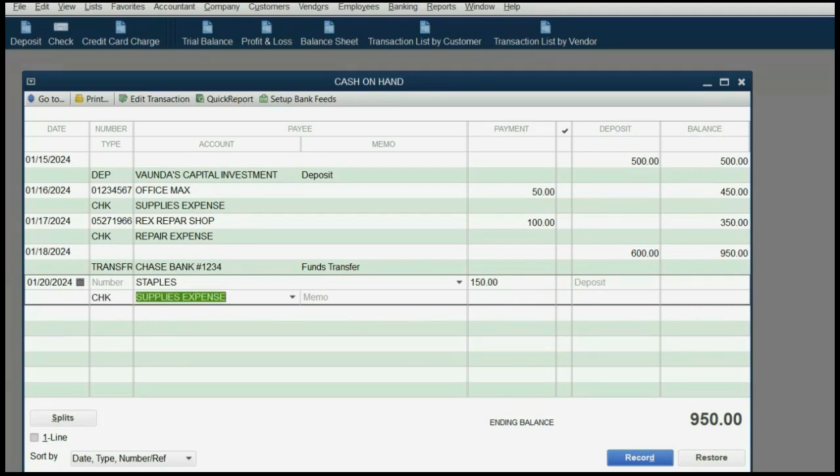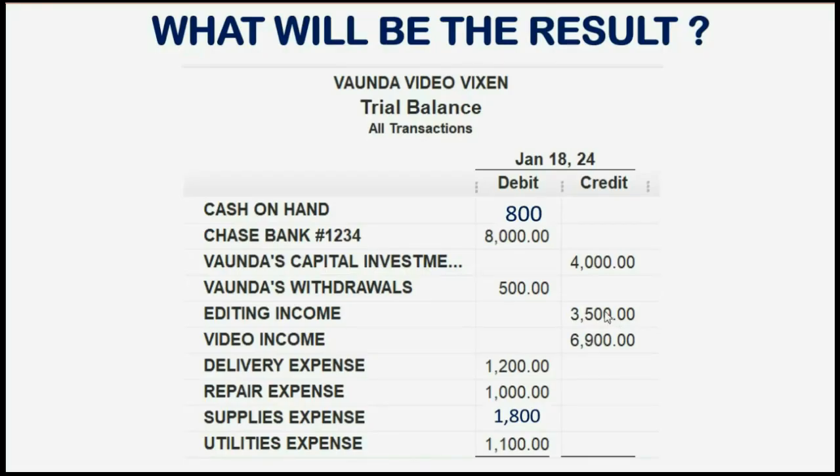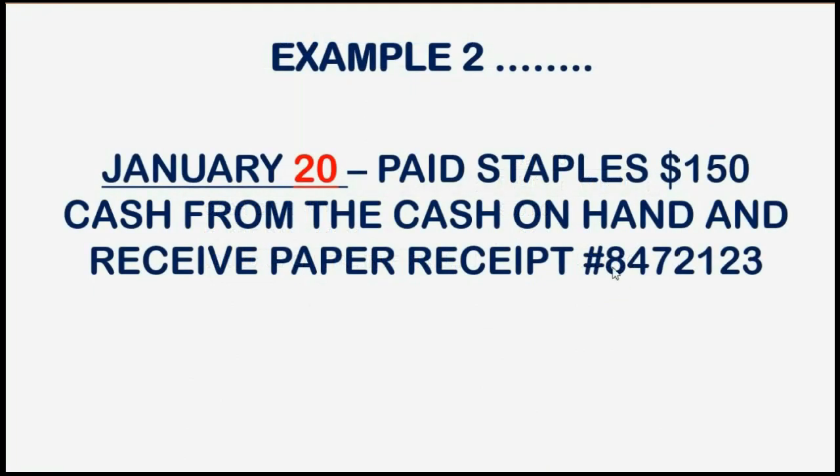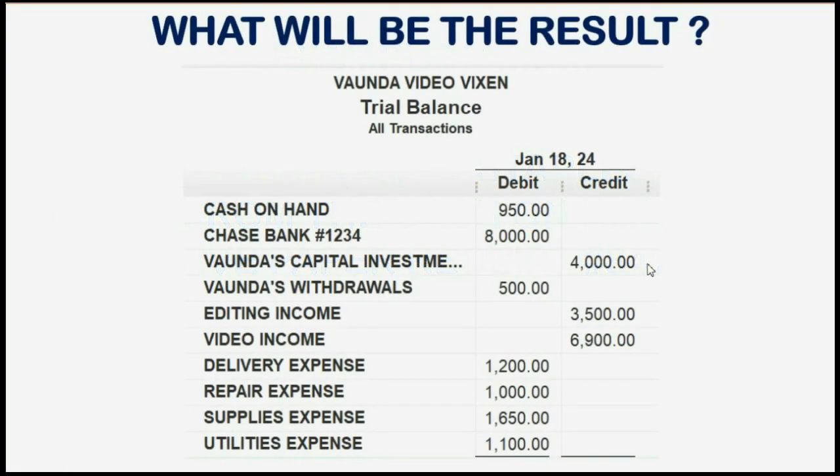We push tab, and now the transaction doesn't include everything. If in fact they give you a number, you have to put in that number as the receipt number, 8472123, and then we'll get this result.